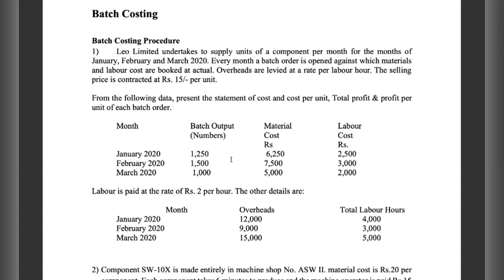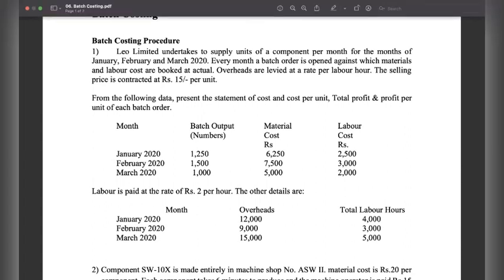The selling price is contracted at 15 rupees per unit. From the following data, present the statement of cost and cost per unit. So you have been given the total profit per unit of each batch order. Now just read the question again until I open the Excel sheet to do this question.